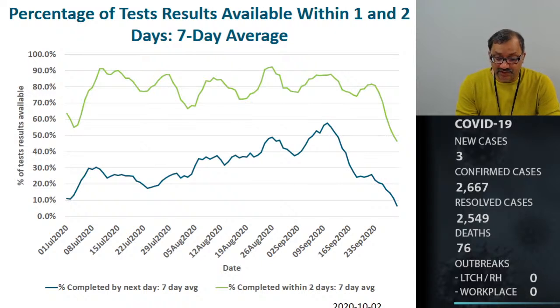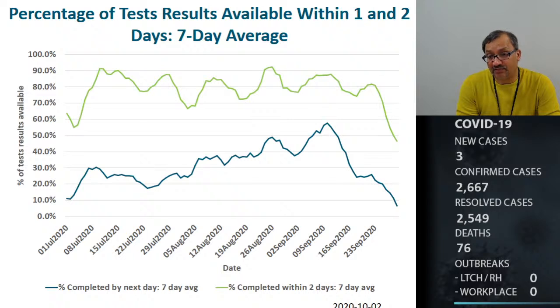This graph looks at the percentage of test results that are available within 1 day and 2 days of someone getting tested, using a 7-day average. What we have seen is some ups and downs in terms of how quickly we were getting the results. Right now, we are noticing a trend that the tests are taking longer.